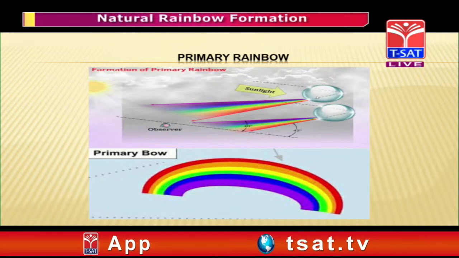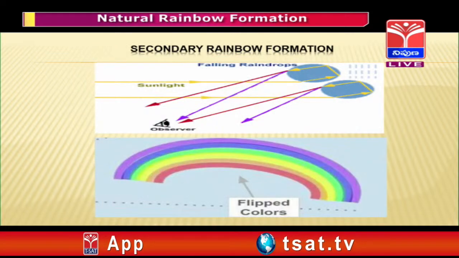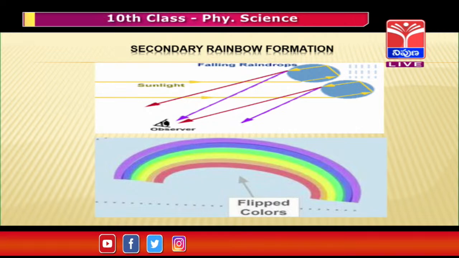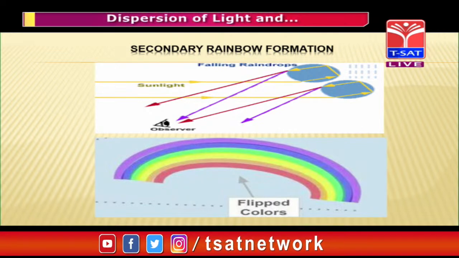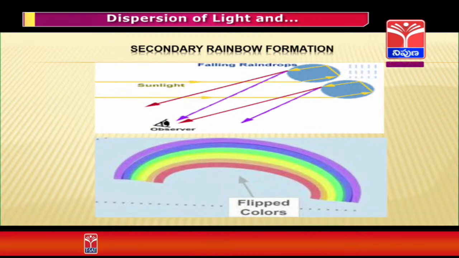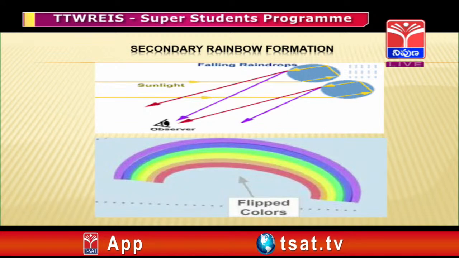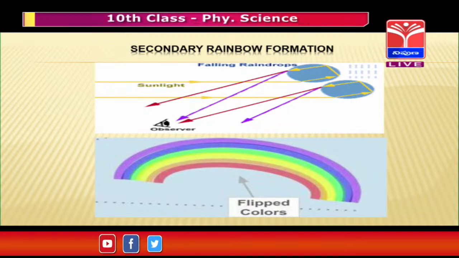Now let's see about the secondary rainbow. What is a secondary rainbow? The light ray undergoes 2 internal reflections instead of 1 as in the primary rainbow. Then a secondary rainbow is formed. In the secondary rainbow, we see that the red light from drop 1 and the violet light from drop 2 direct at a level above or below the observer's eye.